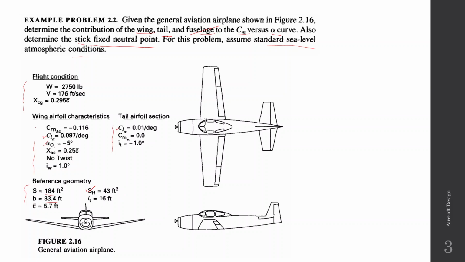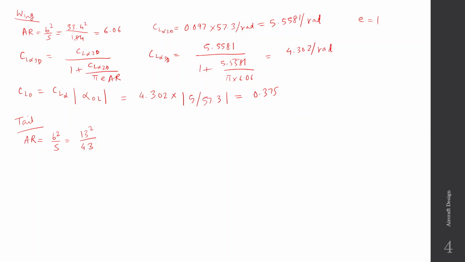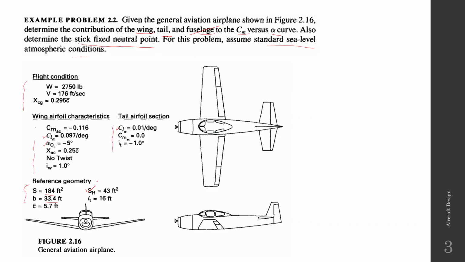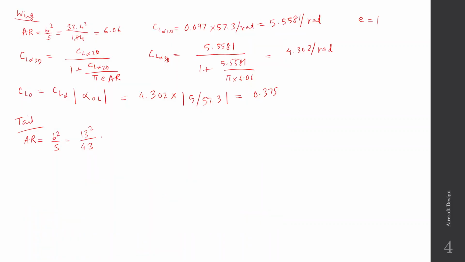So I have assumed it to be 13 feet. You can assume that b tail is equal to 13 feet. So this gives an aspect ratio of 3.93.